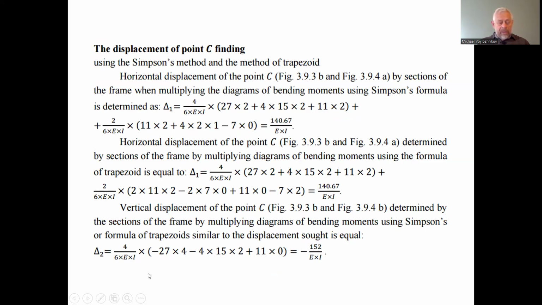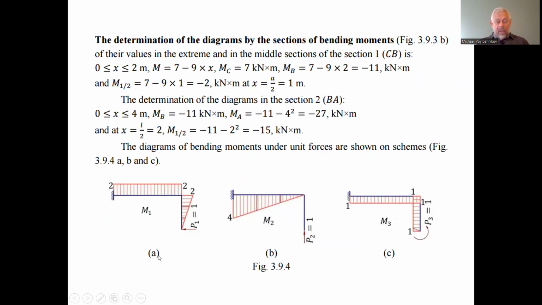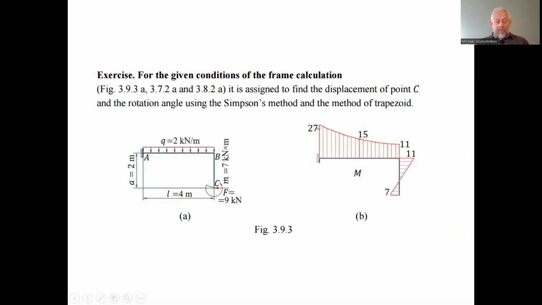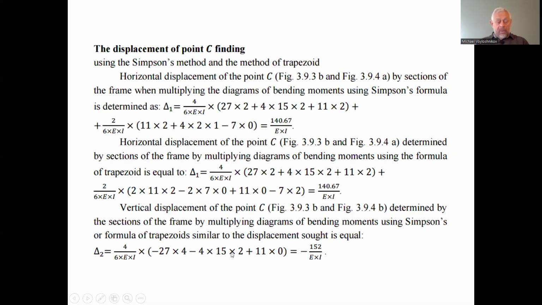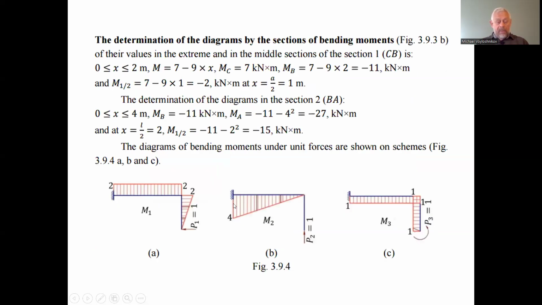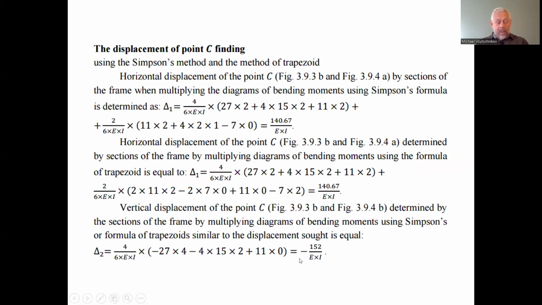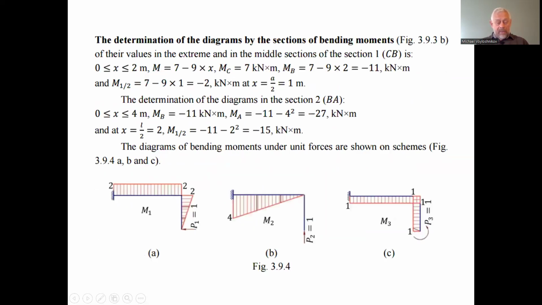Using Simpson's rule, we first have to do the product of 2 diagrams by the rule of Simpson. For the first element of the mechanical system AB, we have -27 as the magnitude on the lower diagram on the left, -27. Product by 4. 4 is the magnitude of the diagram under the action of the unit force, with minus as the other signs.